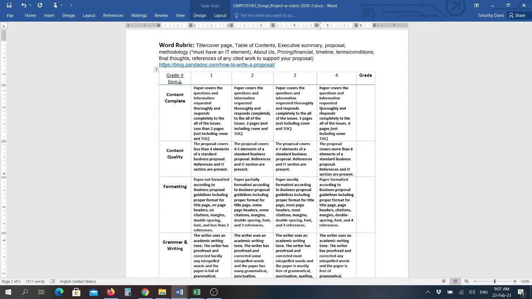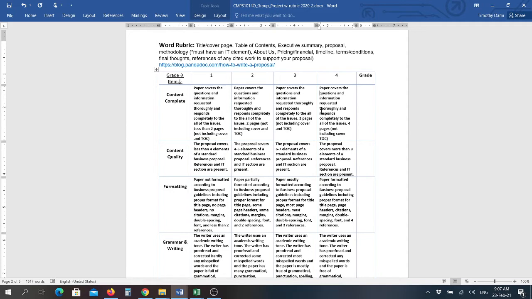A table of contents, an executive summary, which basically is just the key highlights in your business proposal. And then you have your proposal methodology, which must include an IT element. The IT element refers to the fact, as I discussed in the initial class rolling out the project, that every business must have some sort of information technology component to it.